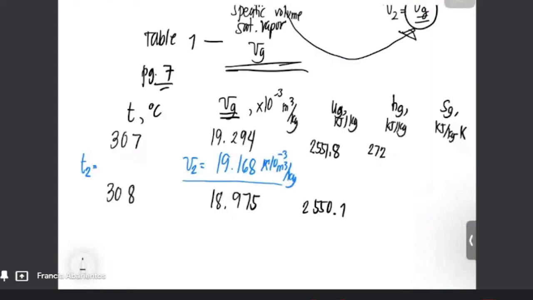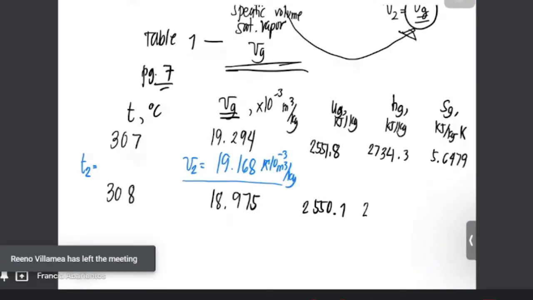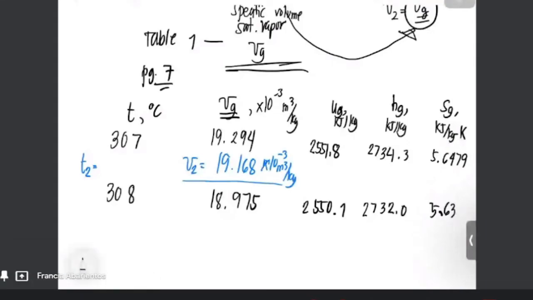Ayan, naduduling na si ma'am. 2734.3. Then 2733.17 sa baba, class, paki-double check na lang. And we have also the entropy, 5.6417 and 5.6397. Okay.